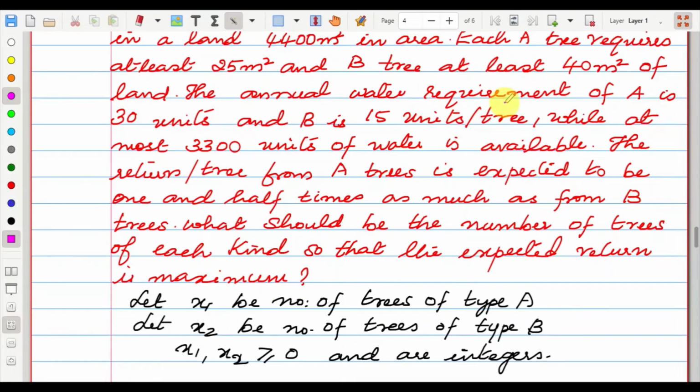So here we are having two types of trees. Let x1 be the number of trees of type A and x2 be the number of trees of type B. It is an integer programming problem. So x1 and x2 are greater than or equal to 0 and all are integers.